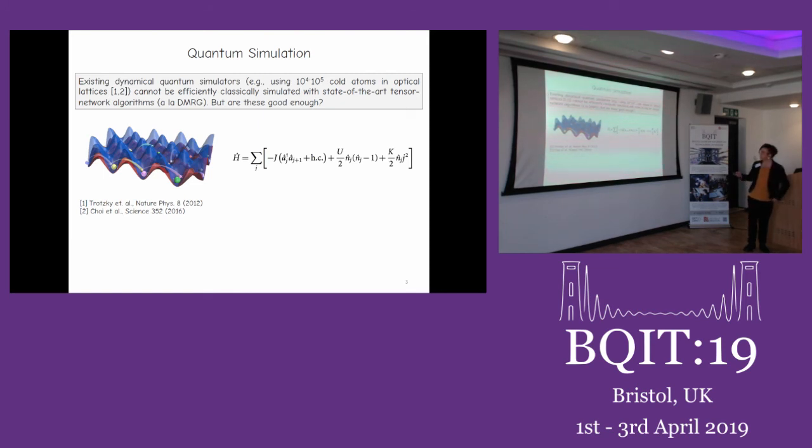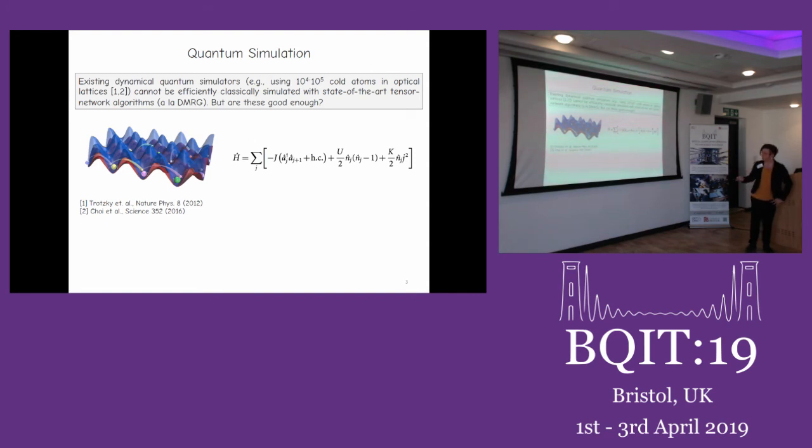An example of that are these works from the cold atomic community in optical lattices. They build optical lattices in 2D and trap a bunch of atoms or local systems in their lab. They're fairly well isolated, and they can engineer Hamiltonian evolutions, prepare some input product states, let them evolve, and then measure.